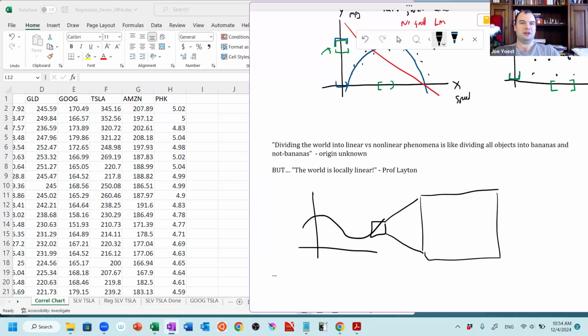If I zoom in, if I look at the local properties around, say, a certain point, okay, maybe it's still a little bit nonlinear. It's not quite a straight line, but it's a heck of a lot closer to linear than if I'm very zoomed out, right? The same way that if I want to model, say, gravity on the Earth, not to get into a hot debate here, I essentially model the Earth as flat, right?